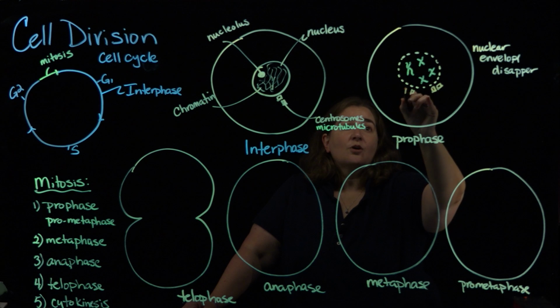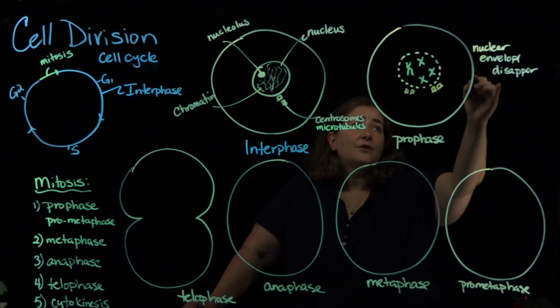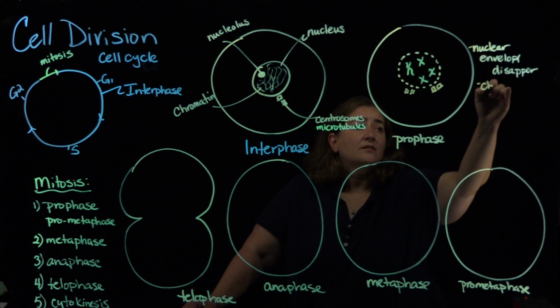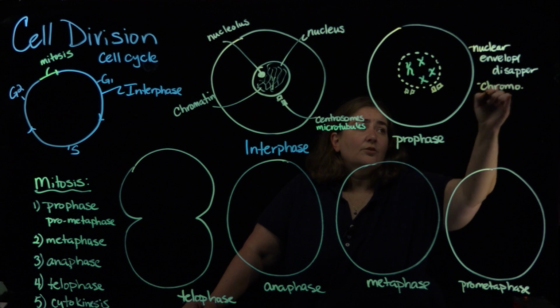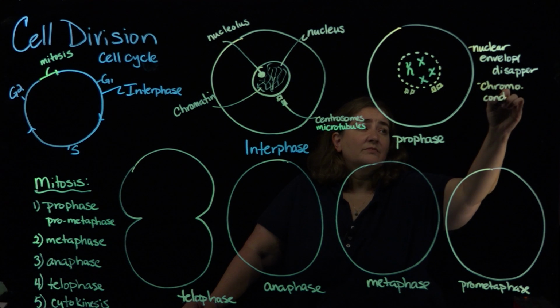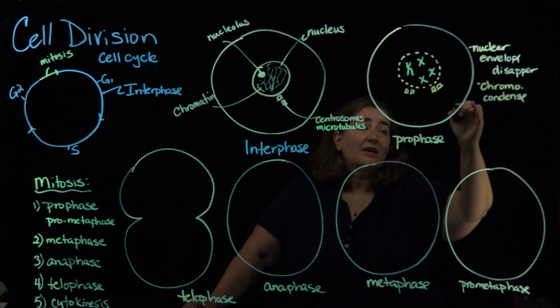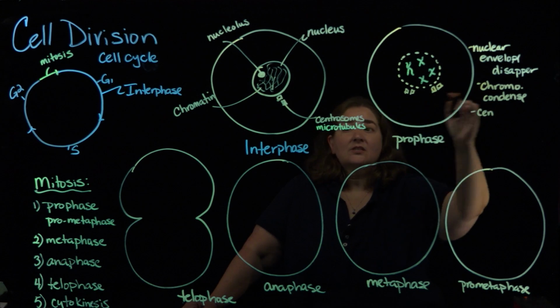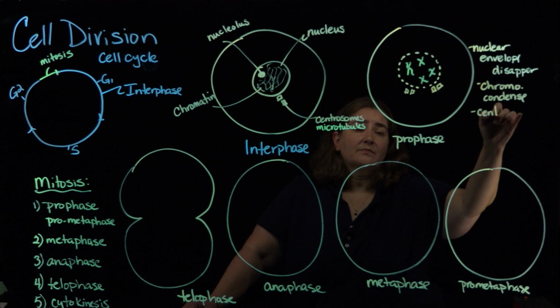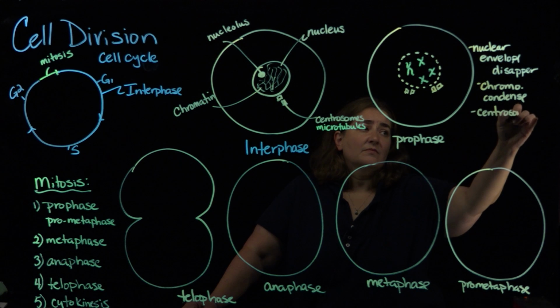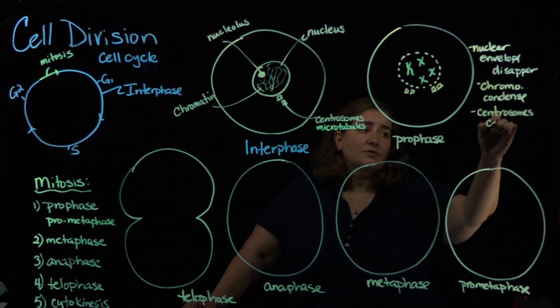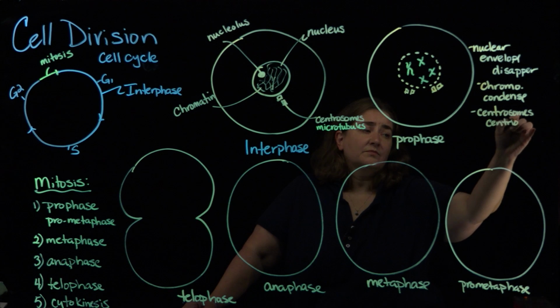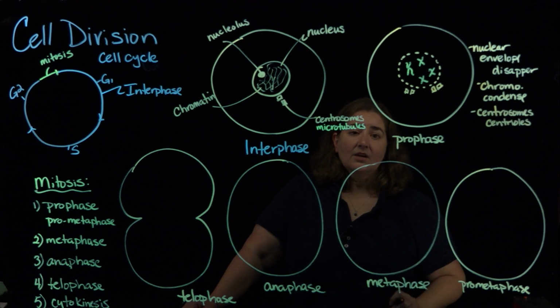What you also have happen in prophase is our chromosomes condense, so you start being able to see them as chromosomes. And our centrosomes, or centrioles, are going to replicate.